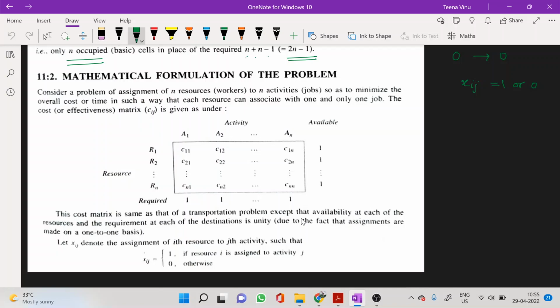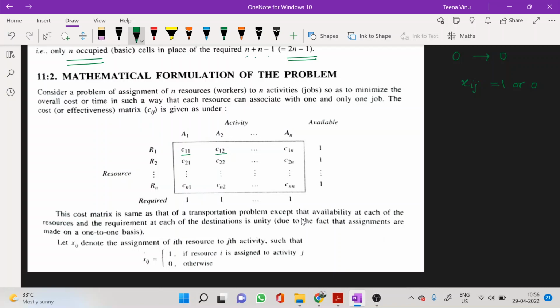In transportation problem also you will be given a cost matrix. So here also we are given a cost matrix. At each position you can see the cost associated in moving from R1 to A1, or in making the job A1 done by the resource R1, the cost associated is C11, and so on.